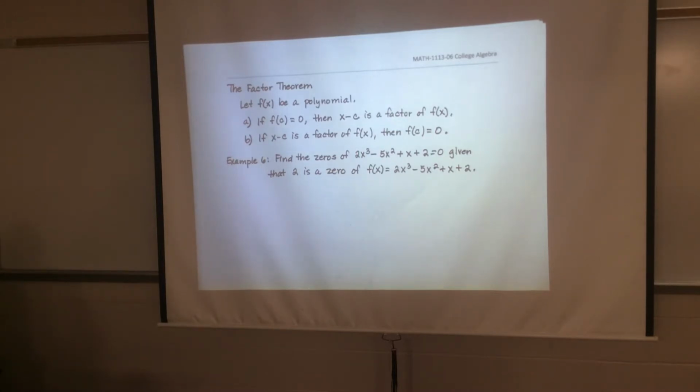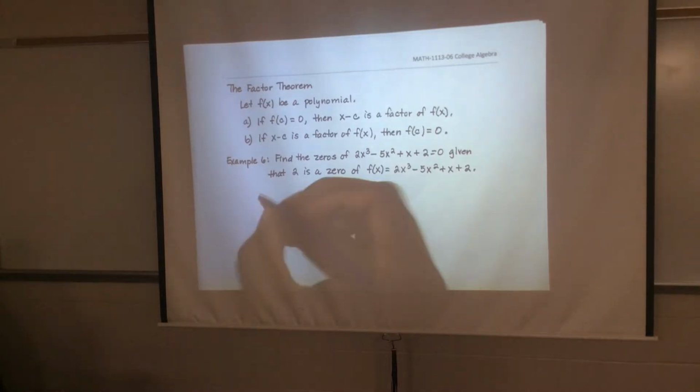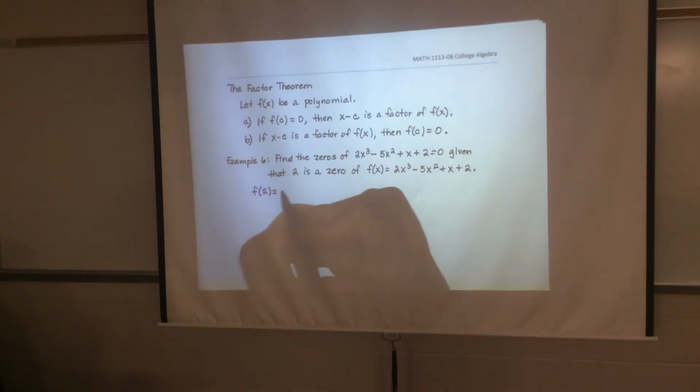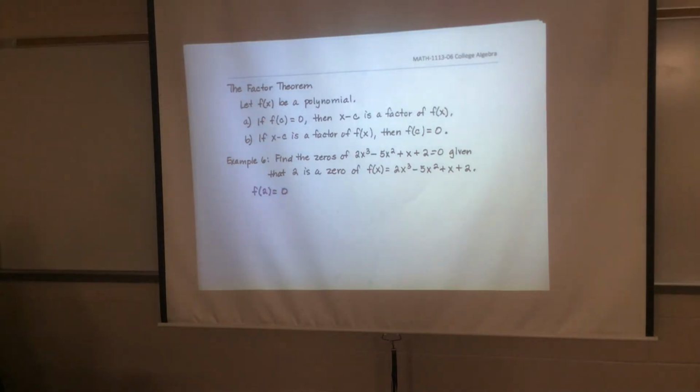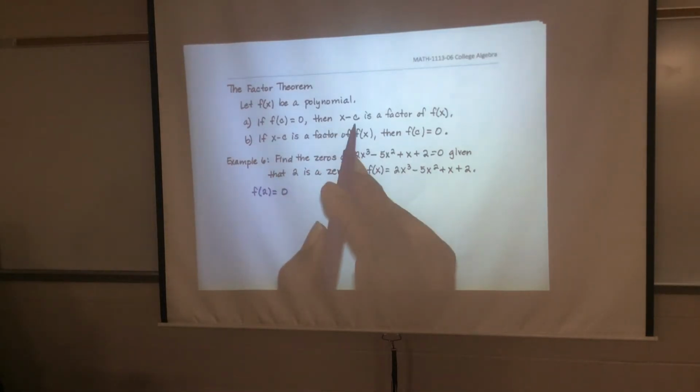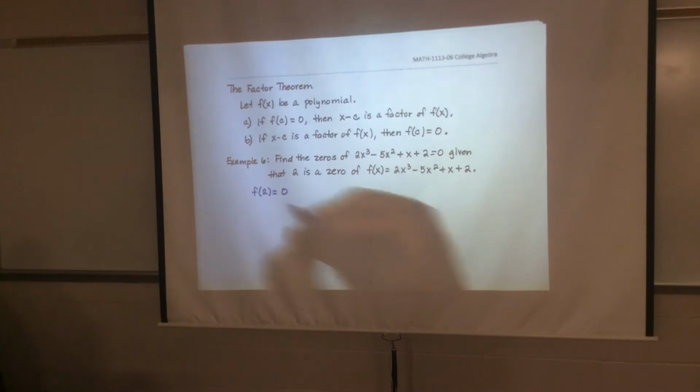Well, we're given that 2 is a 0 of the function. Since 2 is a 0 of the function, that would mean that f of 2 must be equal to 0. And according to the factor theorem, x minus the constant will have to be a factor of f of x.